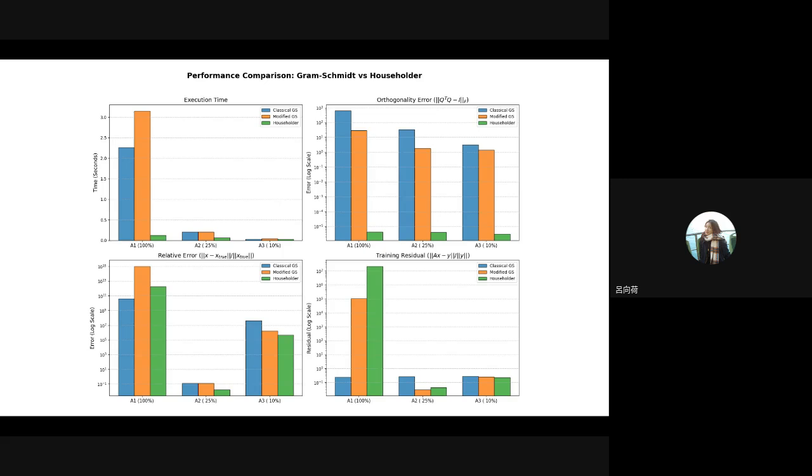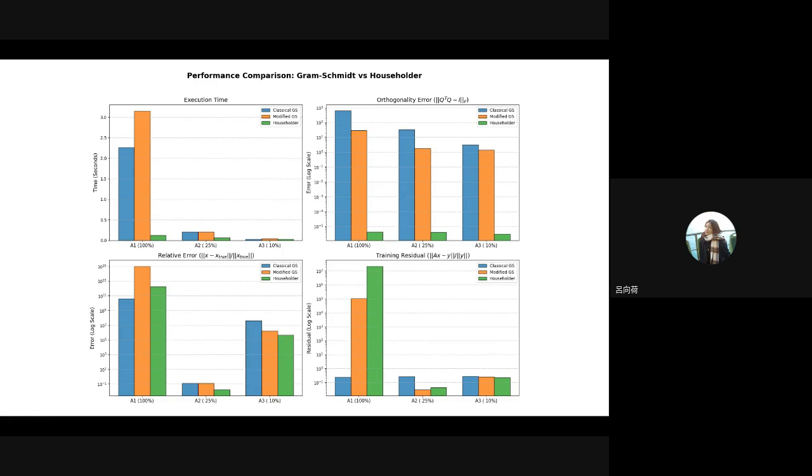The rest of it is mainly the same as group A. So when it comes to the orthogonality error, for the A1 matrix, the MGS has an error of about 29, and the Householder pushed the error down to almost 0.